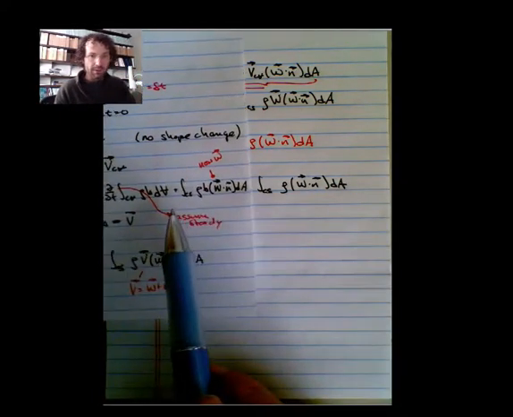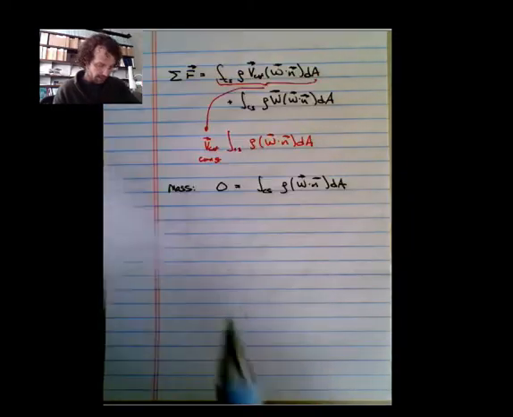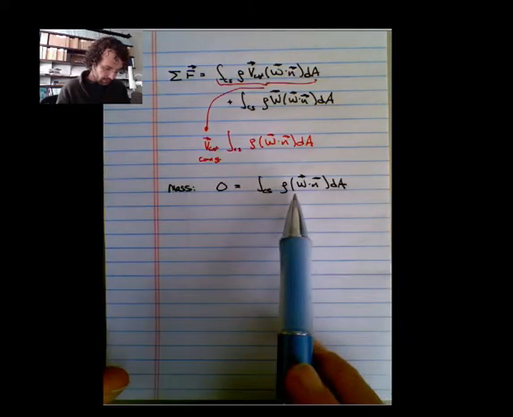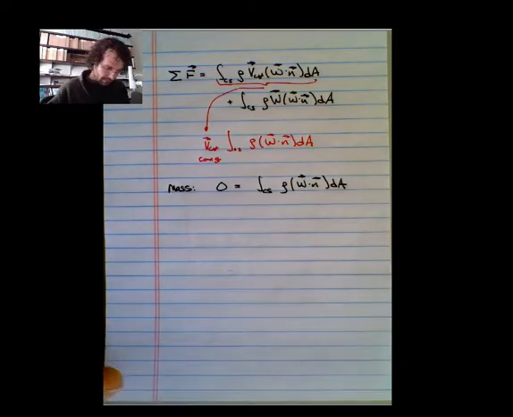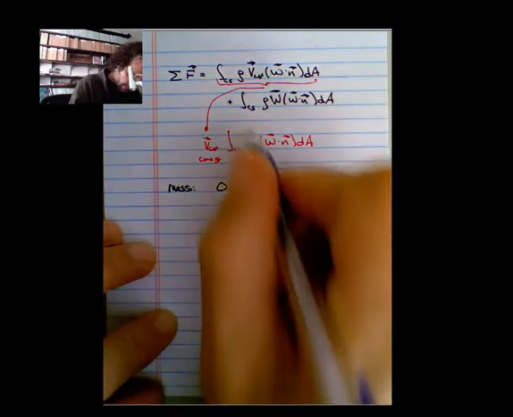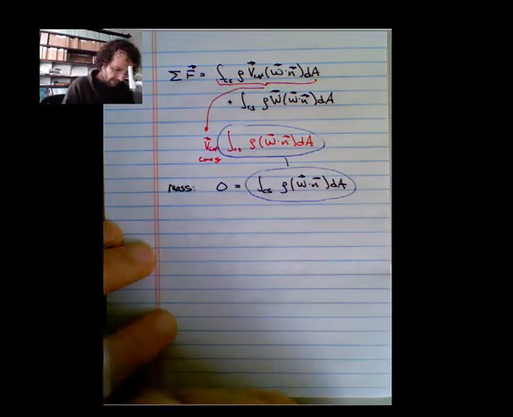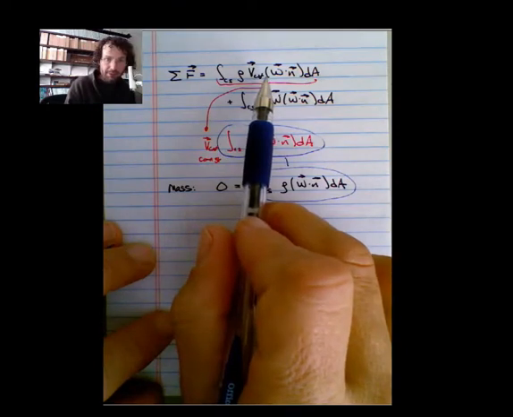That was just invoking this one for mass. And you see something immediately is that these are the same. That's equal to 0. Therefore, that's equal to 0. Therefore, this first term up here is equal to 0.